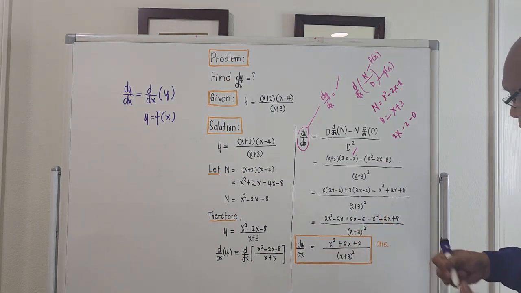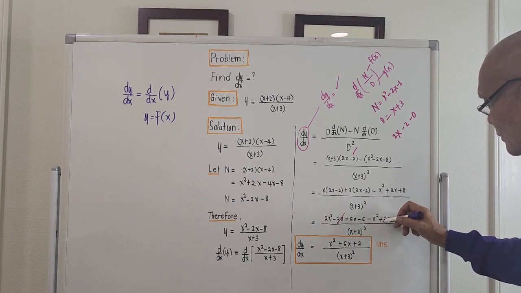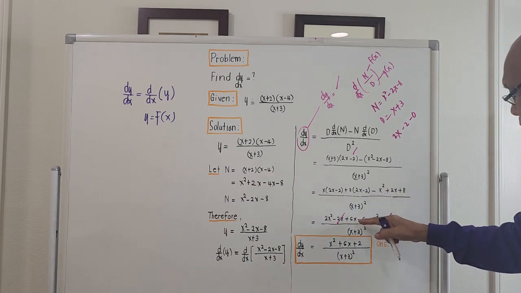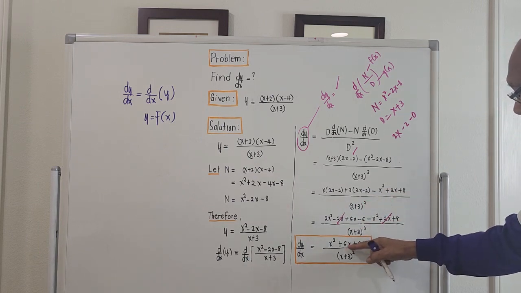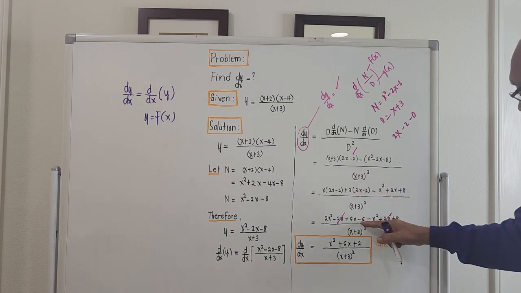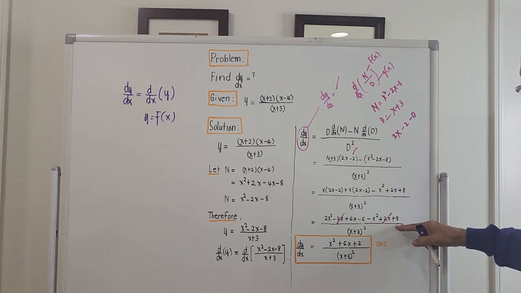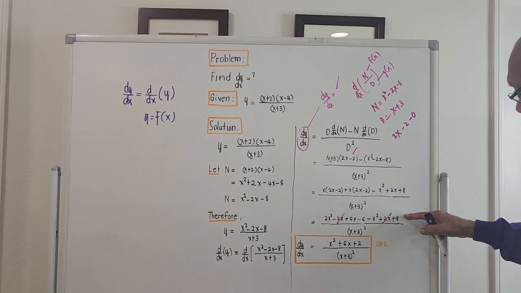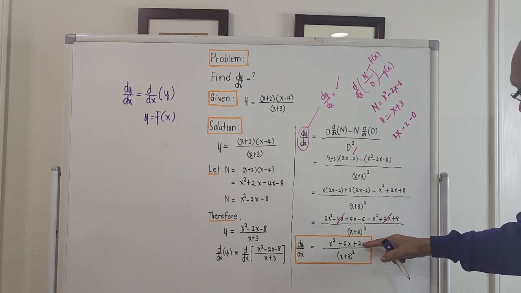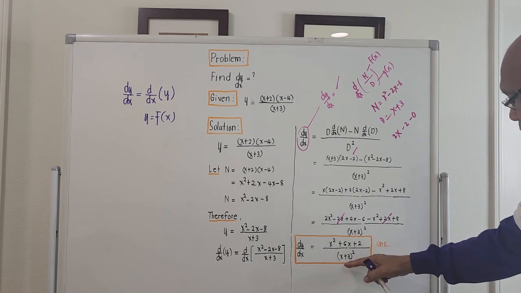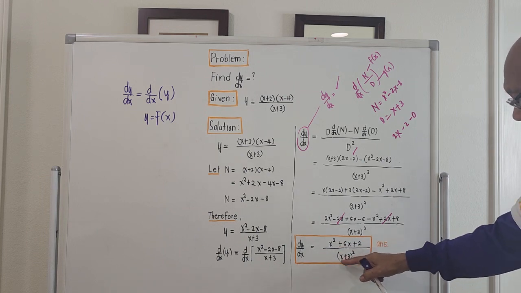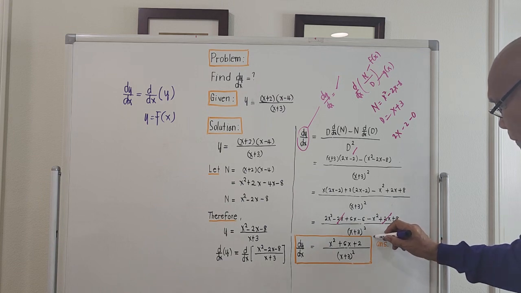Minus 2x cancels with this. What remains for x will be 6x. The pure constant term is negative 6 plus 8. The positive is greater than the negative, so the sign will be plus 2. All over the square of the denominator, x plus 3 quantity squared. That will be our final answer.